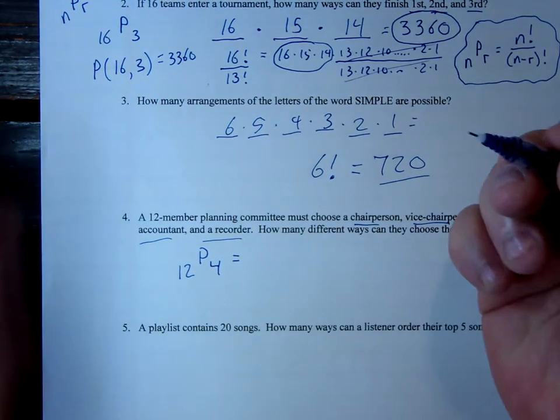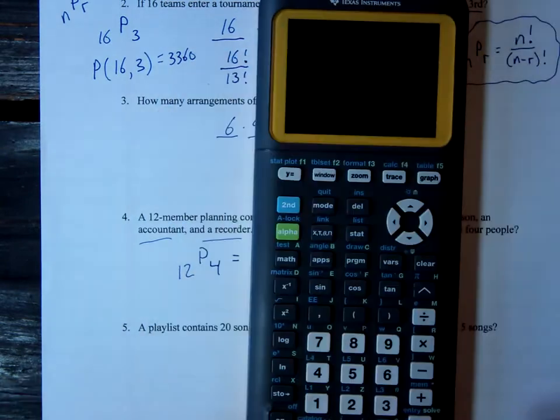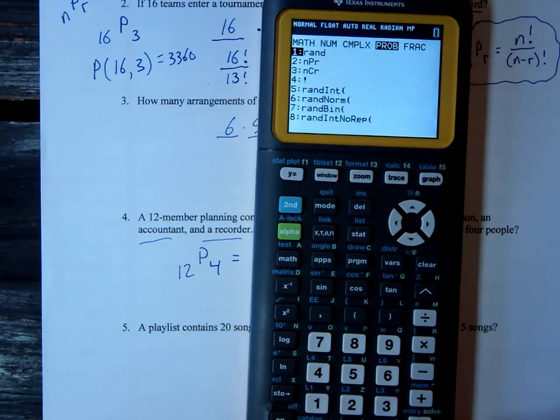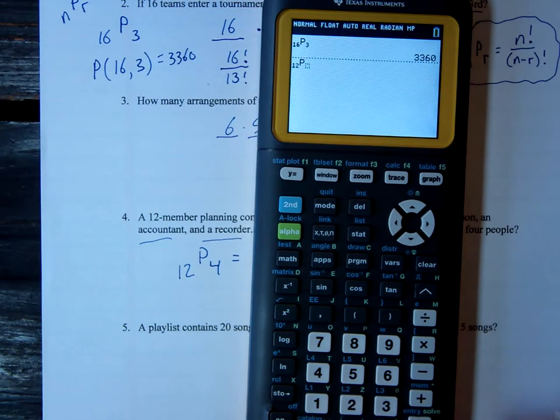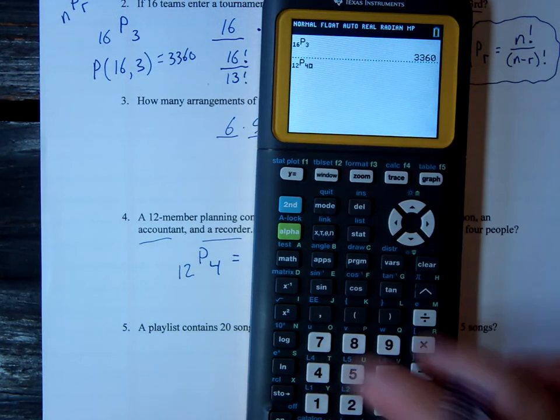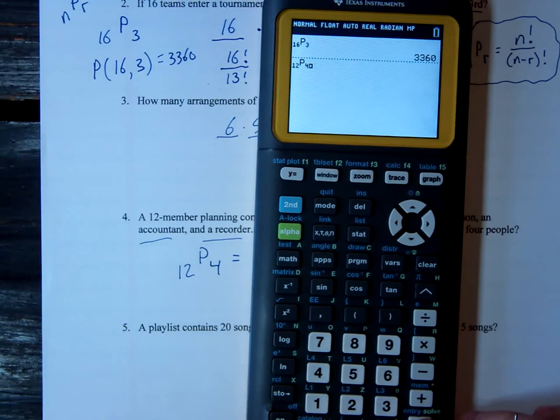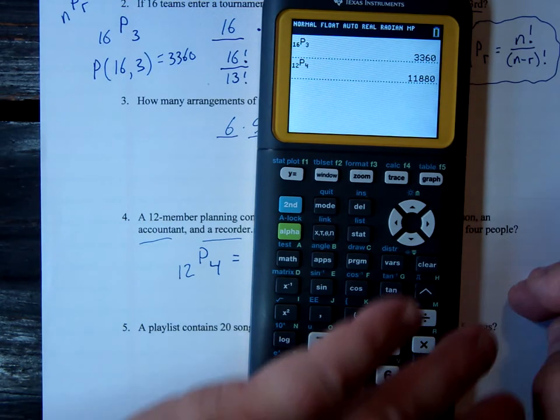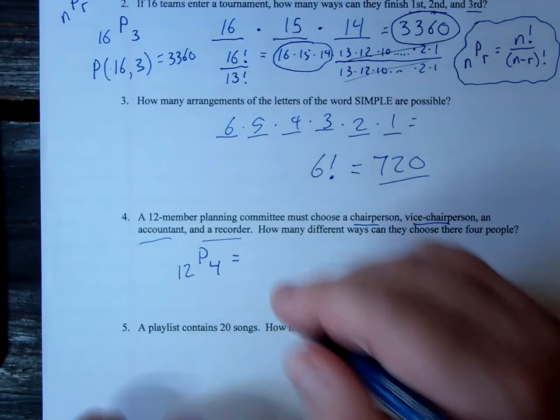So I can go to my calculator, and I can do 12P, and it will put the 12 there. So you can do the 12 first, or you could go over and choose the permutation, doesn't matter. So 11,880.